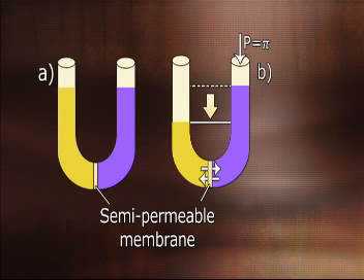In image B, you can see that the solvent molecules are moving through the membrane from the left side to the right side. This movement causes a shift in the liquid levels in the two arms. Eventually, this difference in pressure will become so large that the net flow of solvent molecules will stop.